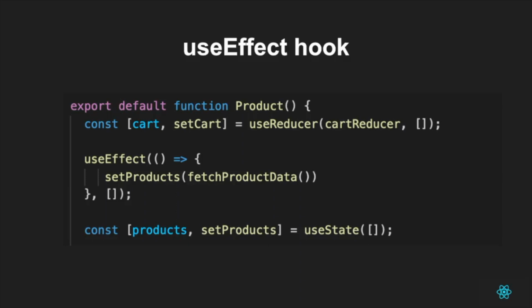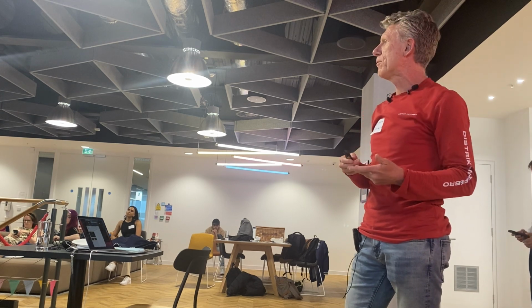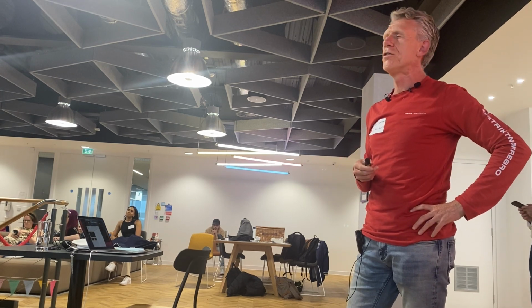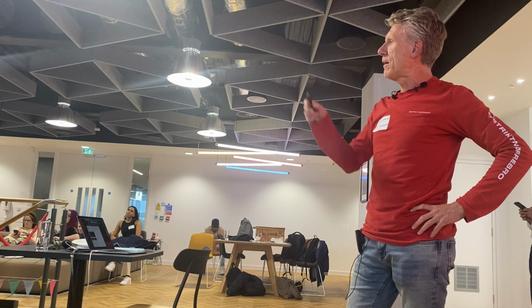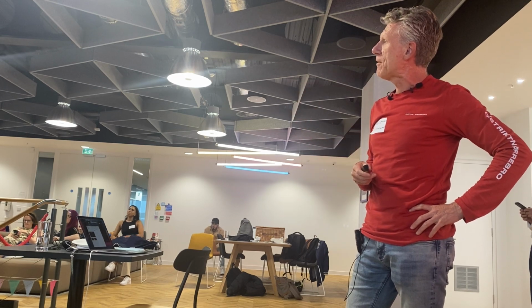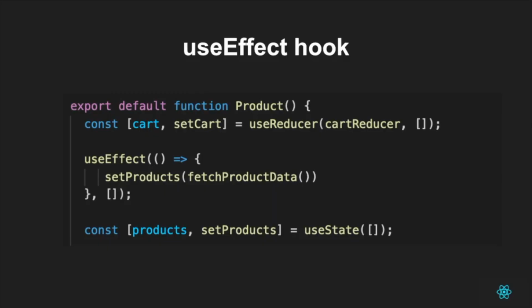And I use that setProducts method in my useEffect. The useEffect hook will always run at the first render. So when your component has rendered something, shows something on screen, it will execute, and it will fetch my product data via the fetchProductData function, and it will set the products via the setProducts function.